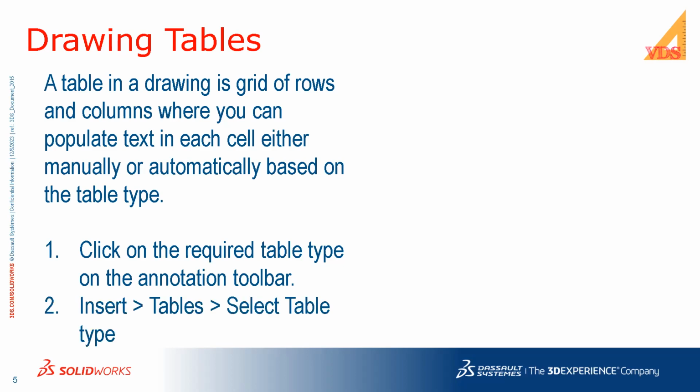Or if you don't have it on the annotation toolbar, you can go to insert tables and select the required table type. When you are in a drawing mode, you can also right click anywhere on the sheet, and on the right click you can also find the desired table.